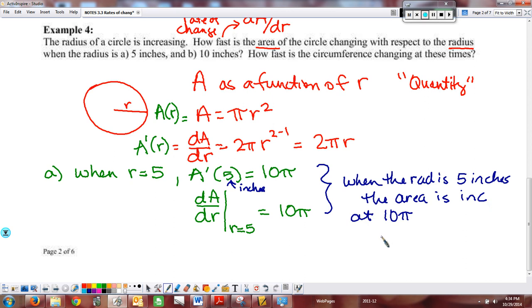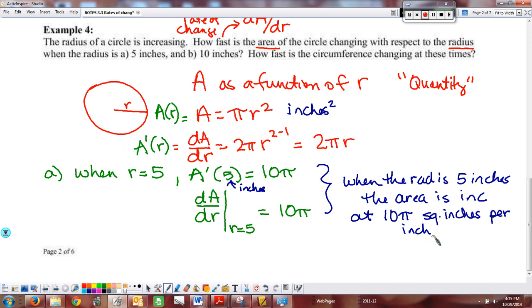Now let's think about our units of area. If I come back up here, the radius is in inches, so area is going to be in the units of inches squared. And now my derivative is going to be my area, square inches, per change in x, change in y over change in x, per inch.